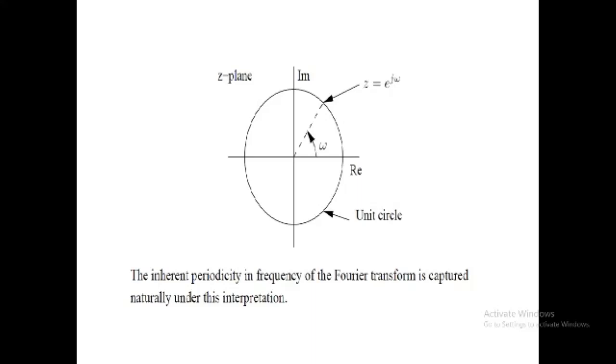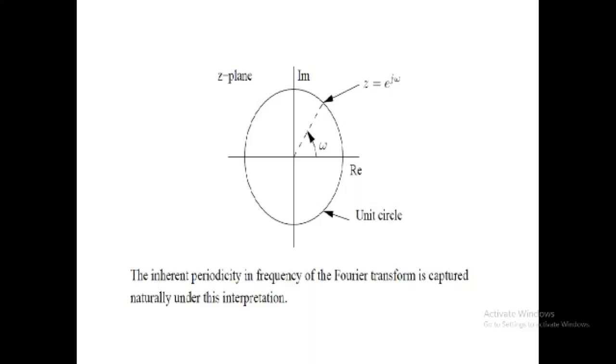Some properties of the region of convergence. The properties of the ROC depend upon the signal, that the signal has finite amplitude, and the Z transform function. The ROC is a ring or disk in the Z plane centered on the origin, that is, the value lies between 0 and infinity.